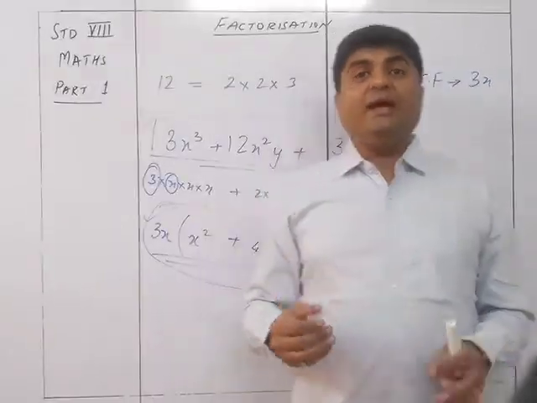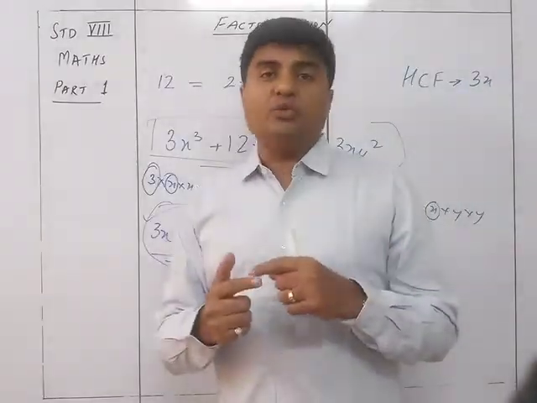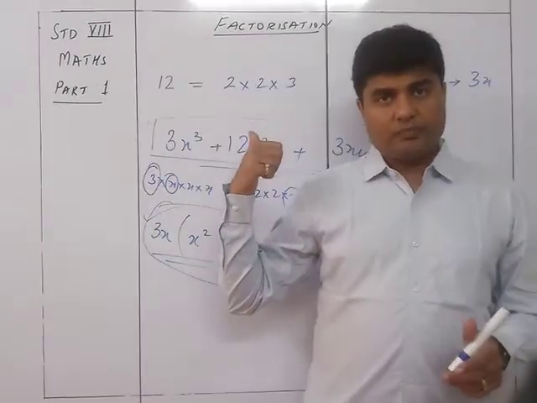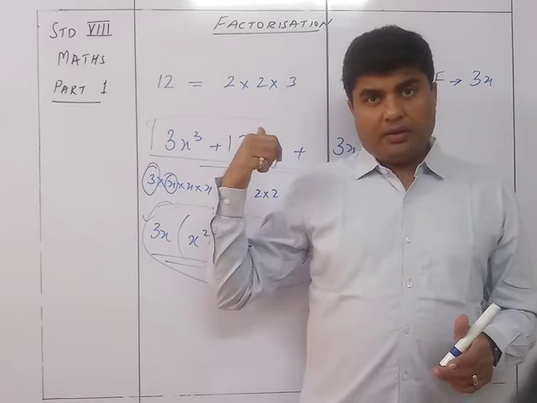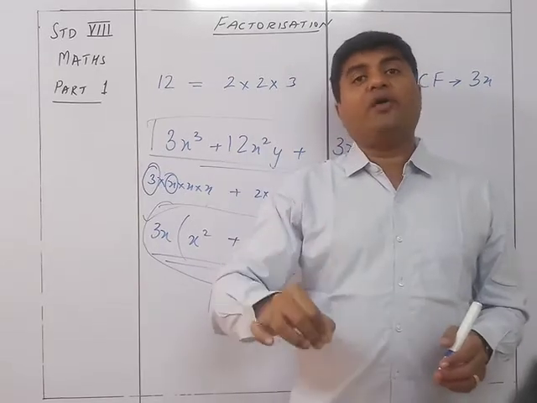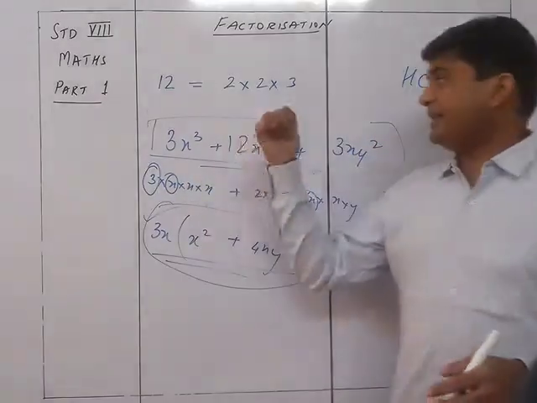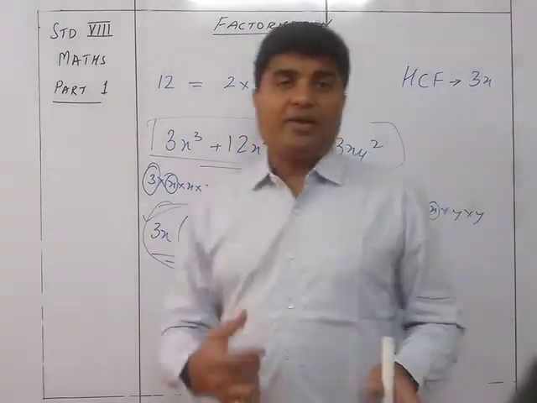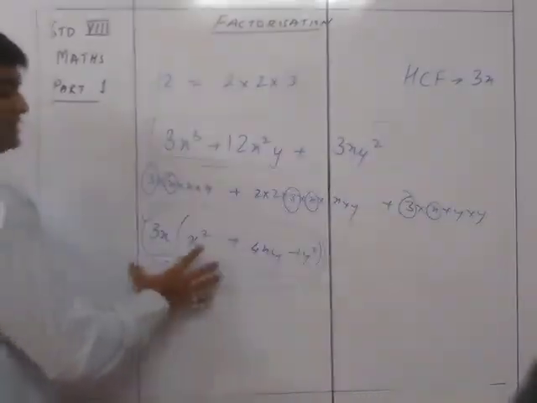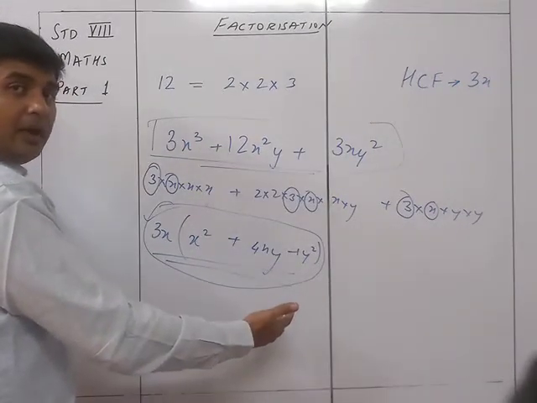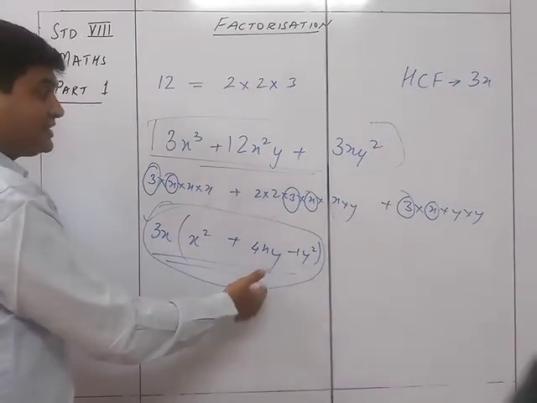We can say that whatever we do in multiplication, we do exactly the opposite in factorization. The question of the multiplication is the answer of factorization. If I had got a question to multiply and expand, or find out the product of this and this, what is the answer? This.